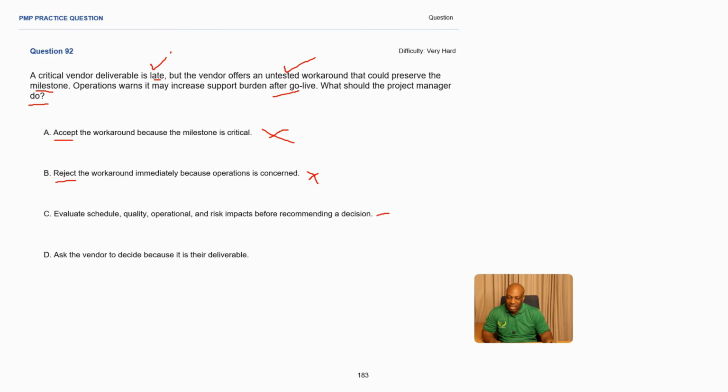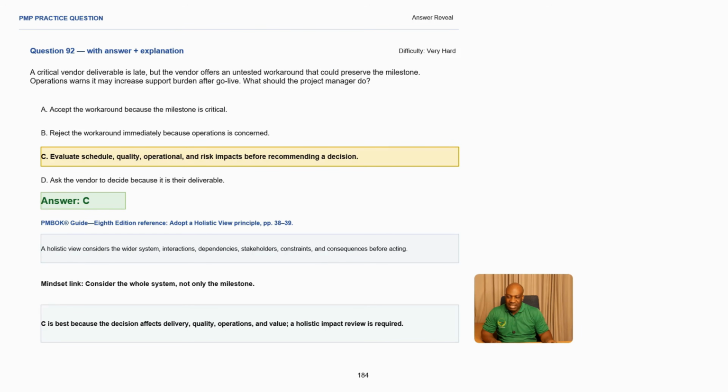I like this one, especially when you're evaluating and getting more information before you make a decision. D, ask the vendor to decide because it is their deliverable. You don't ask the vendor to do this. They've already told you they're giving you a workaround which has not been tested, making this an incorrect answer. So the best answer here is C. You need to evaluate the schedule, quality, operations, and risk impact before you recommend any decision.